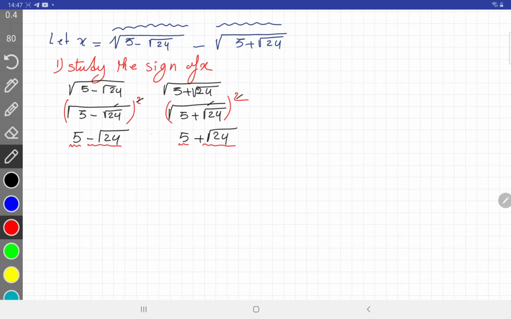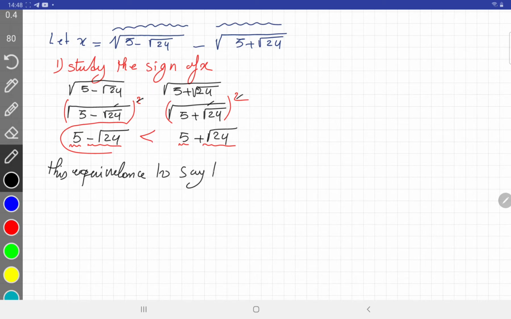So by default this number is greater than this number. Okay, this is equivalent to saying that radical 5 minus radical 24 is less than radical 5 plus radical 24.